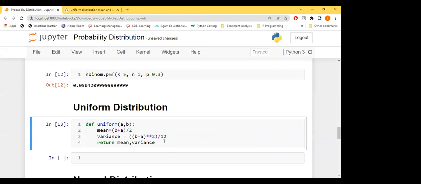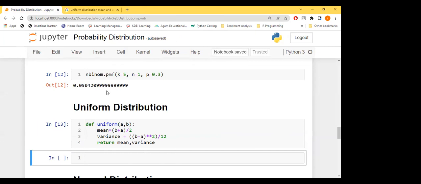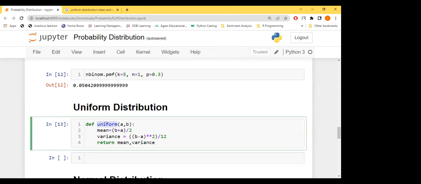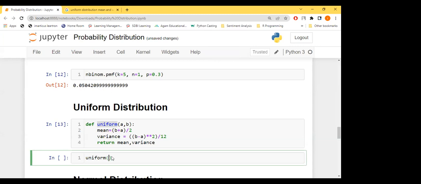Write this. Guys, if the value of A is given as 5 and the value of B is given as 10, can we solve?